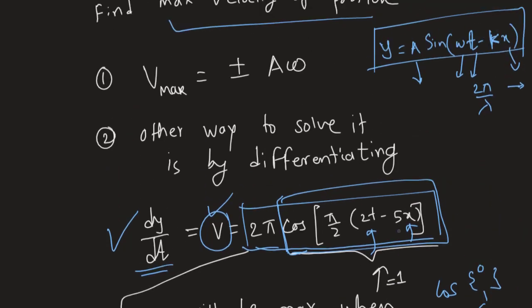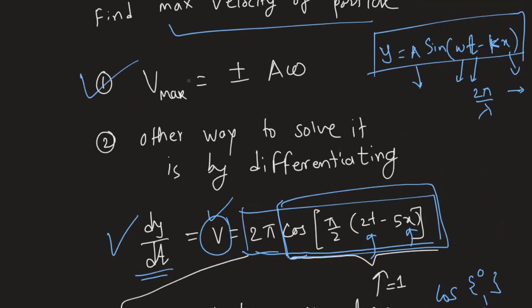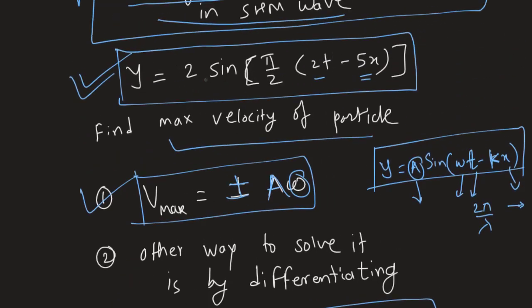Also you need to remember this formula as well. The maximum velocity is given by plus minus a omega, where a is the amplitude and omega is the angular velocity. So in this case, amplitude is 2 and omega is pi, because the 2 will cancel out.